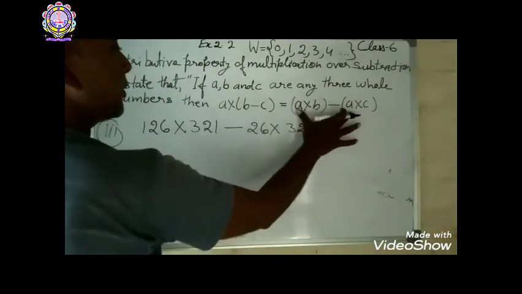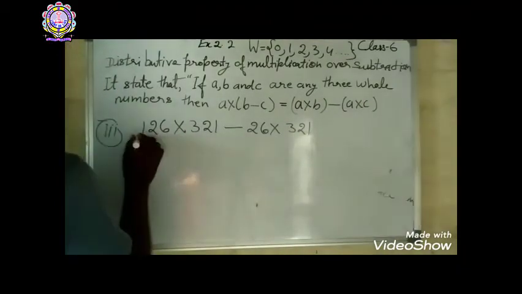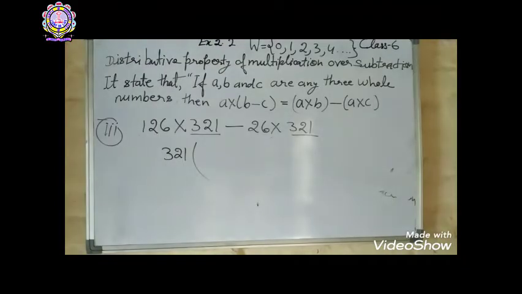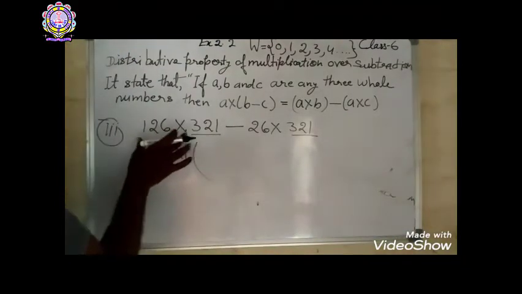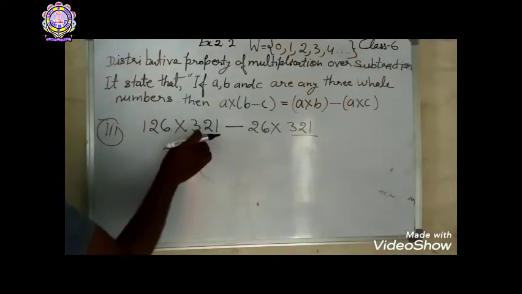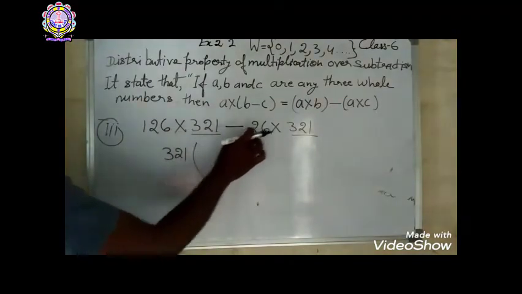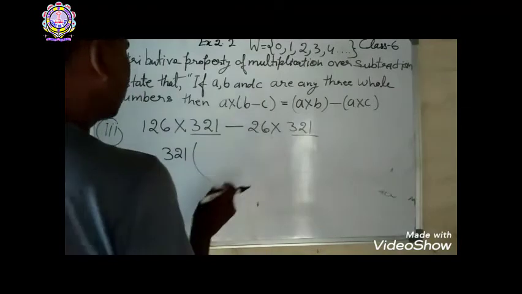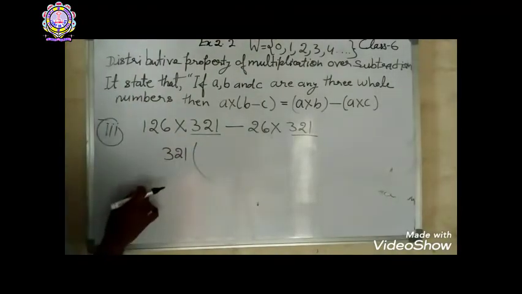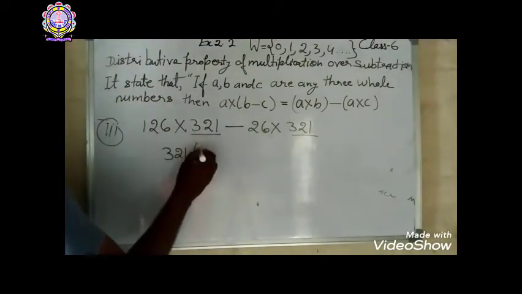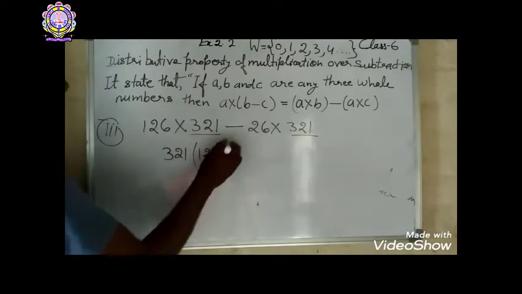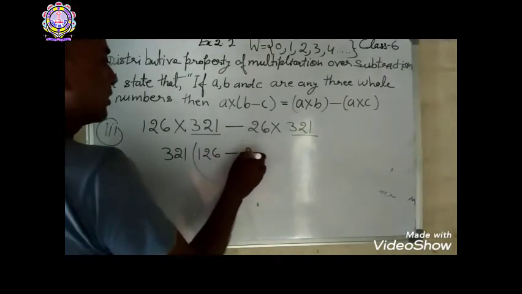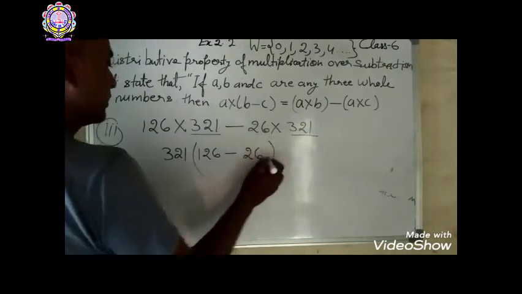So what is the A here? The question has 321 common in both. So we take the common 321 and now 126 minus 26.